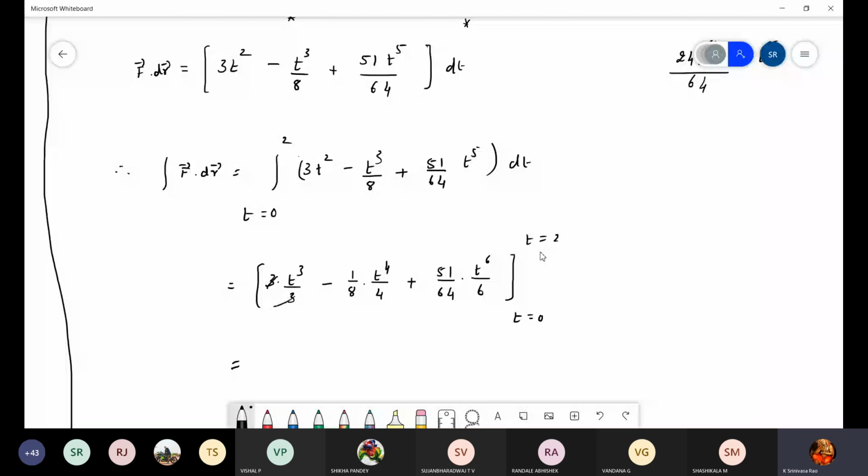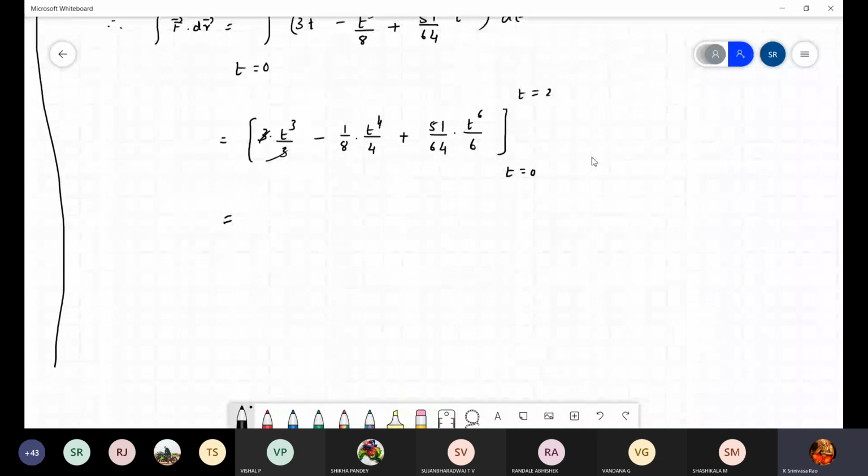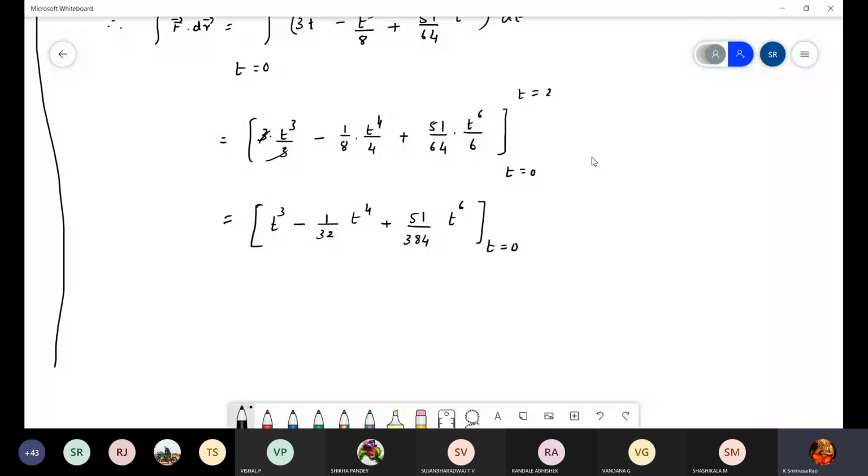So I will cancel the 3 here. One more step: I will write t cube plus 1 by 32, 8 4s are 32, t power 4, plus 51 by 6 into 64, which is 384, t power 6. Now substitute t equals 0 and t equals 2, only the upper limit.